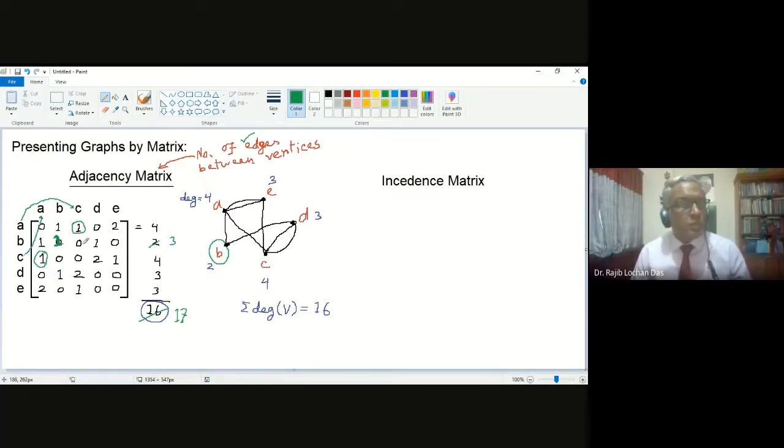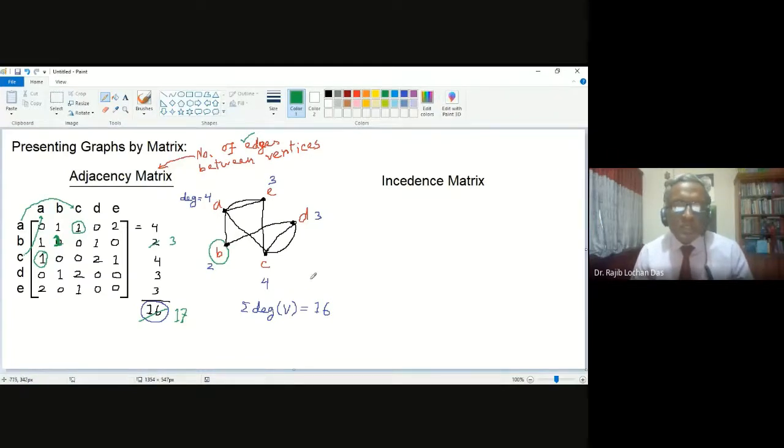So there is a problem with that. We cannot make the theory that the summation of degrees will always be the summation of the numbers in the matrix. No, if it is with a loop, there is a problem with the number. So this is not a theory, but you can understand something.